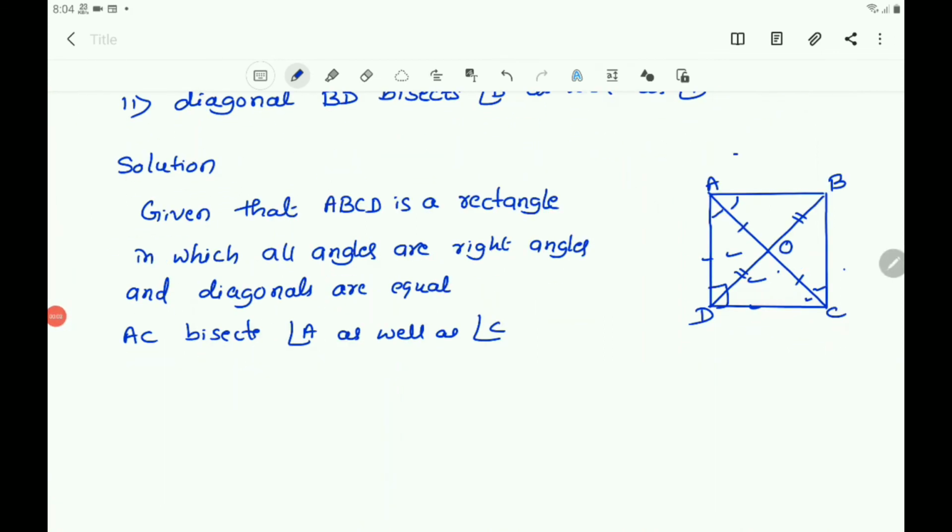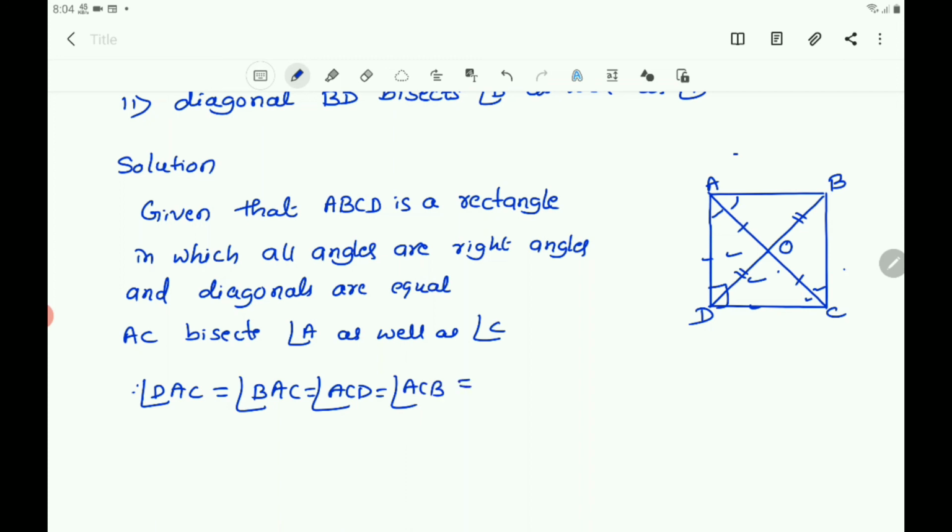As AC bisects angle A and angle C, and angles A and C are right angles, bisects means the four angles formed by the diagonal AC are of 45 degrees. Therefore, you can write angle DAC equals angle BAC equals angle ACD equals angle ACB.